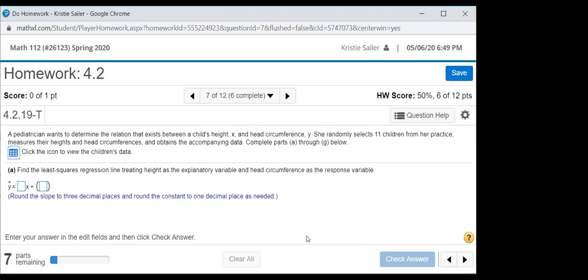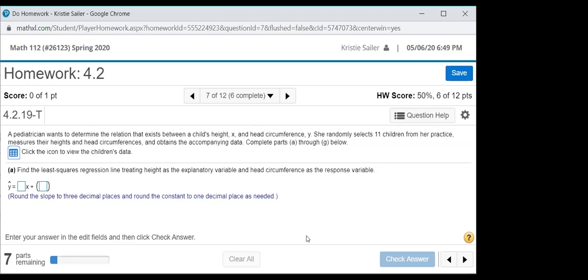Do you know which variable the explanatory variable is? X. Okay, so that means when you go to your data set, all of your X's are going to be in one list. So all of the heights are your X list, and all of the head circumferences are the Y's. When you go to do your stat-calc function, your X list is going to be L1, your Y list is going to be L2.